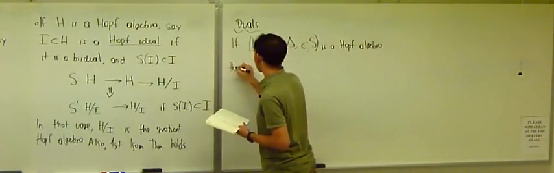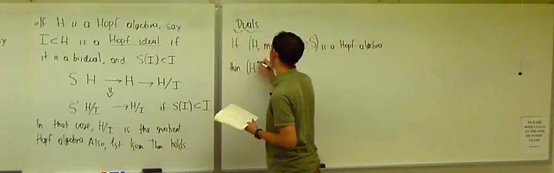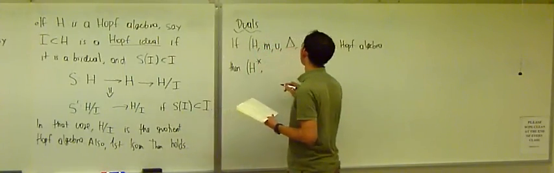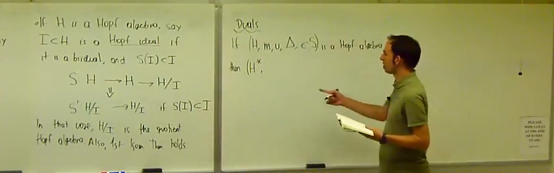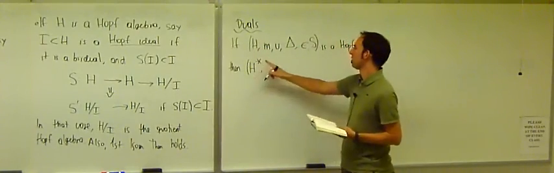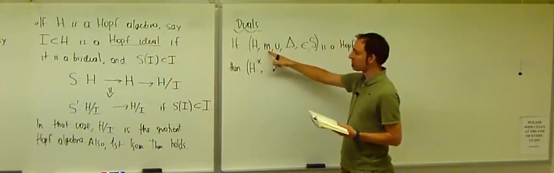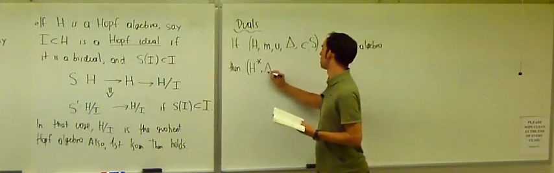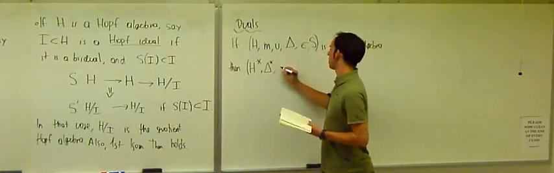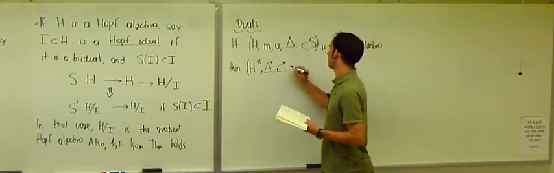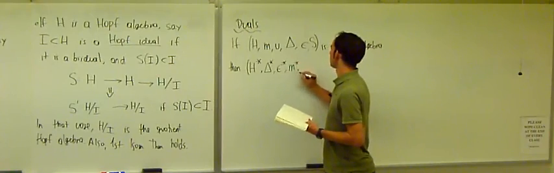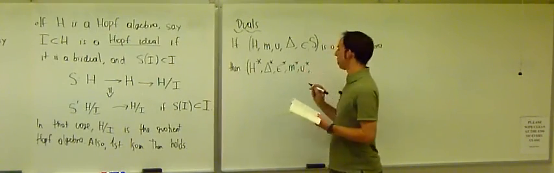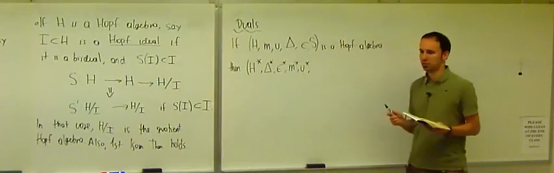So what is the dual going to be? Well, we take the dual vector space. For a multiplication, we use the dual of co-multiplication. For unit, we use the dual of the co-unit, etc. What should we use for the antipode?